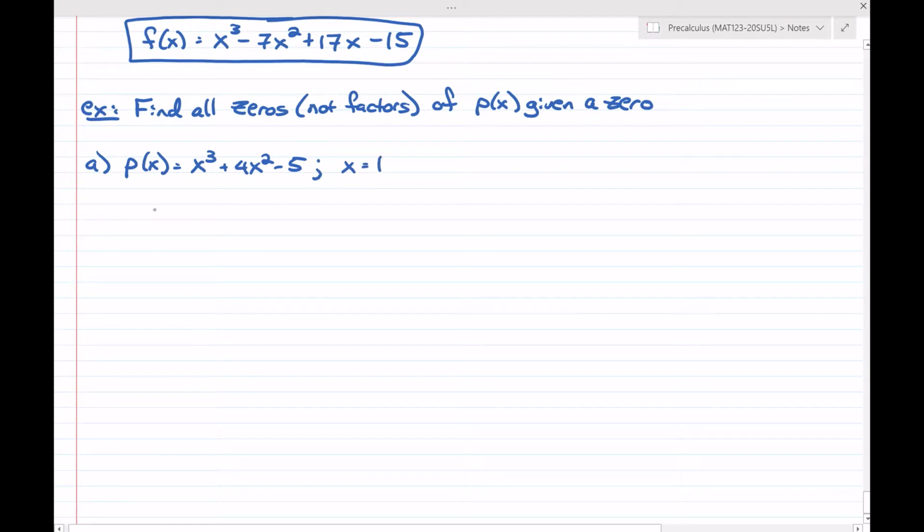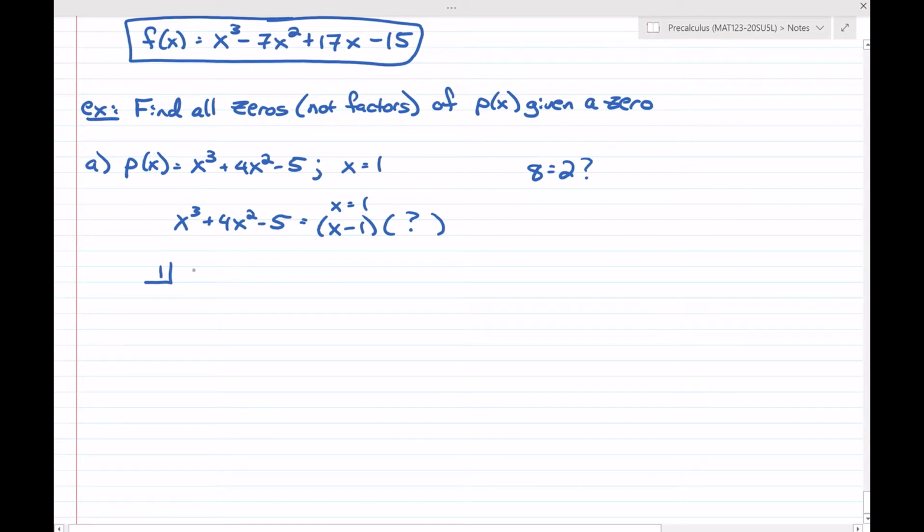Well, that means one of the factors, we could figure that out. If one of the roots is 1, that means the factor would be x minus 1. We just don't know what else it's being multiplied by, right? So we would just do synthetic division to figure that out. If I told you 8 is equal to 2 times what number, you would divide both sides by 2. So I'm going to divide x to the third plus 4x squared minus 5 by x minus 1.